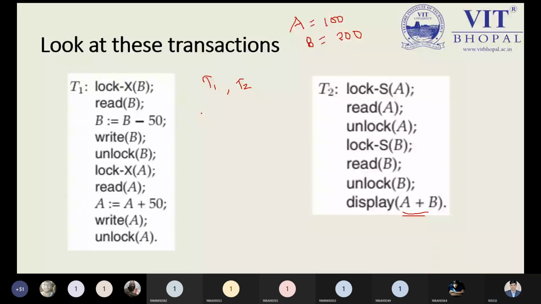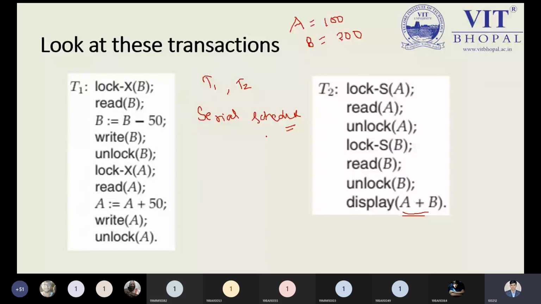Now what would be the output of A plus B in the serial schedule, with the sequence T1 and T2? 300.